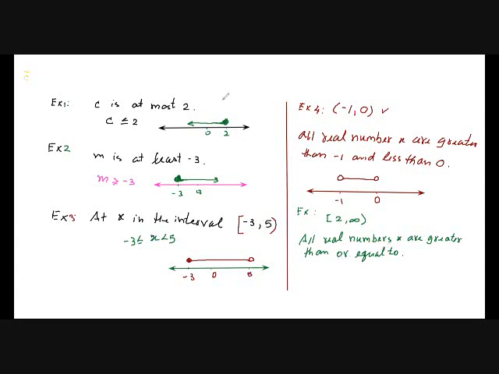So if you draw on the number line, again, 0 here, 2 here. 2 is included, so 2 becomes a closed dot, and draw all the way to this side, to infinity. Infinity, of course, don't forget has to be open.